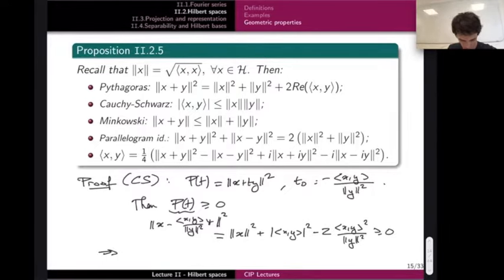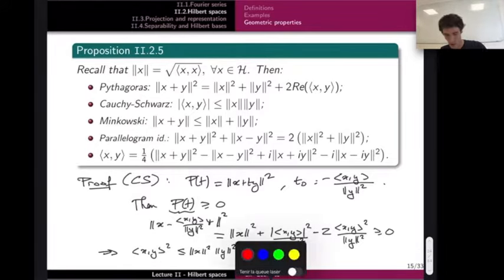Now I can multiply all this by the norm of y squared, and then what I get is exactly what I wanted, that is <x,y> squared is less than the norm of x squared times the norm of y squared. Then I take the square root and I obtain my Cauchy-Schwarz inequality.